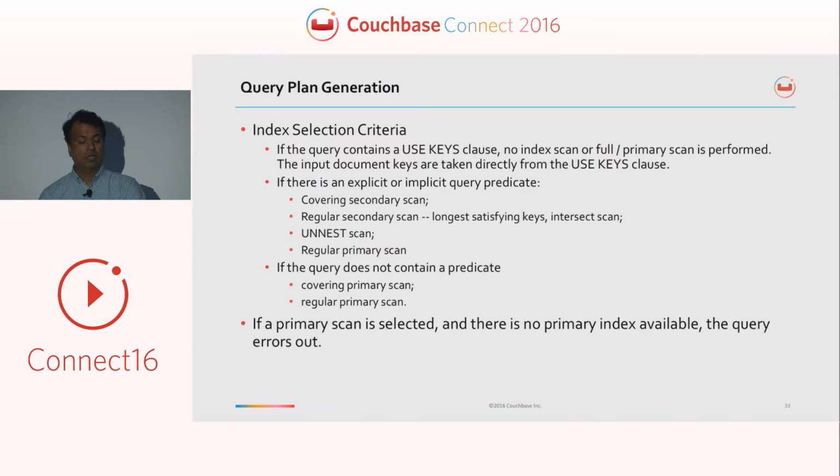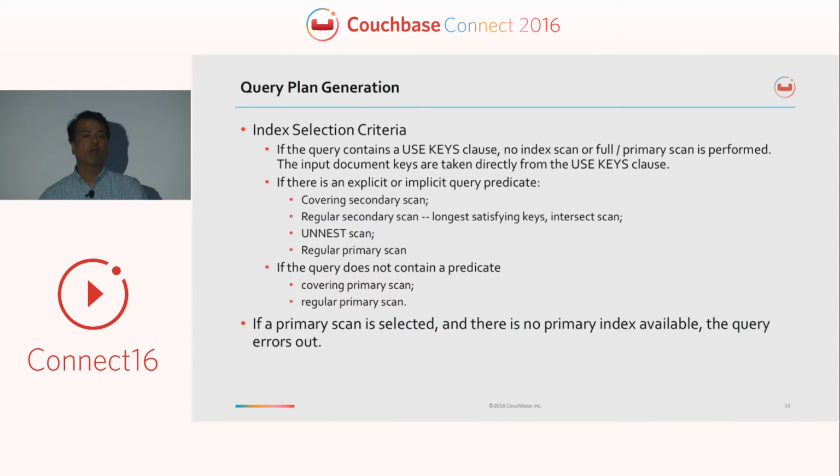Once we select subset of the indices in our search space, we prefer covering index scan. That means you saw the examples earlier. If the index can answer the query completely, we prefer that. Otherwise, we choose the index with the longest satisfying keys.